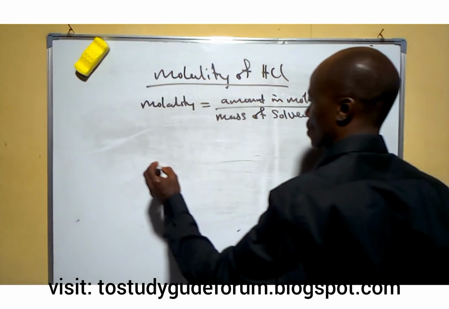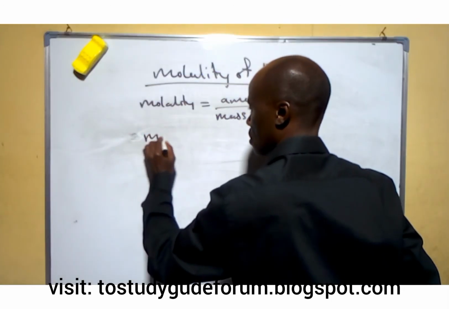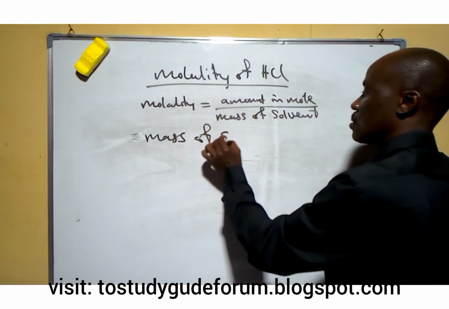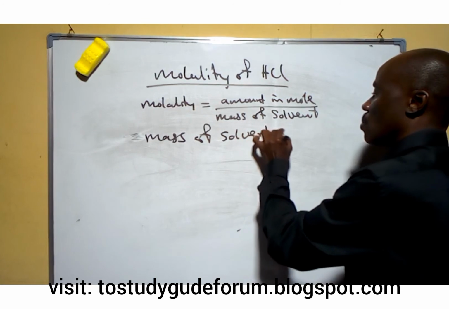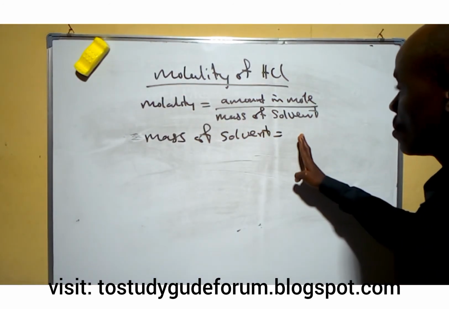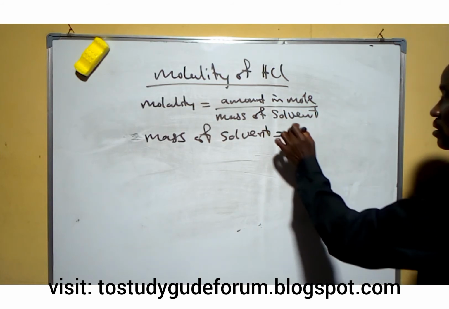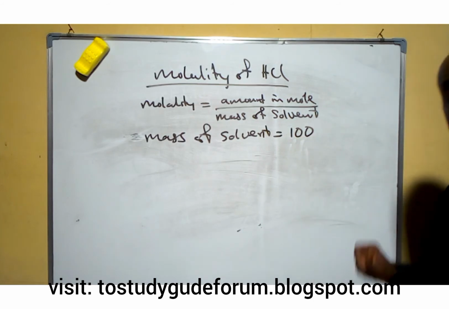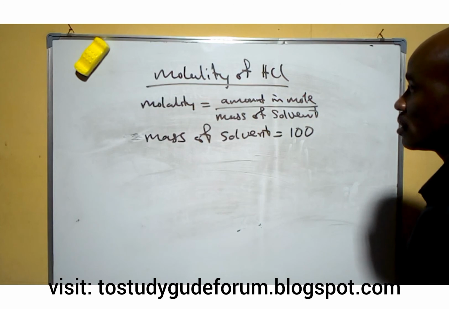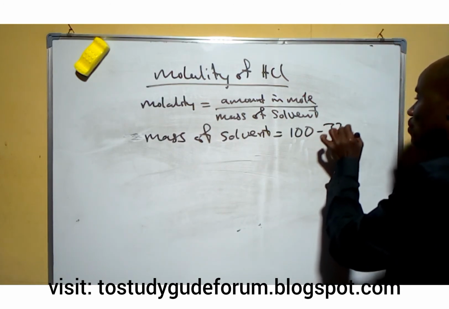To get the mass of solvent, note the total solution by mass is 100%, and we were made to understand that the concentrated acid by mass is 37.1.